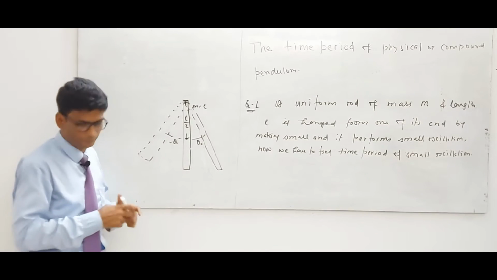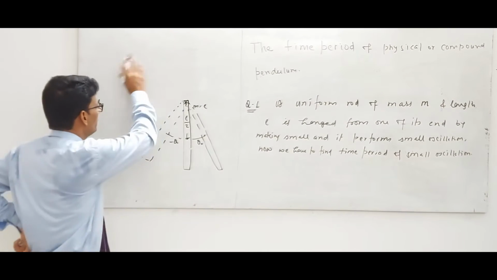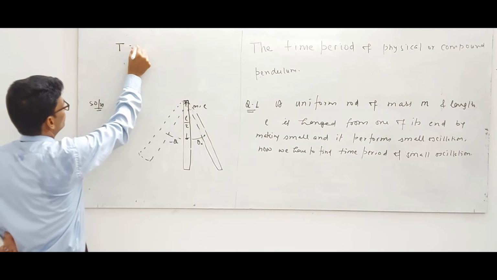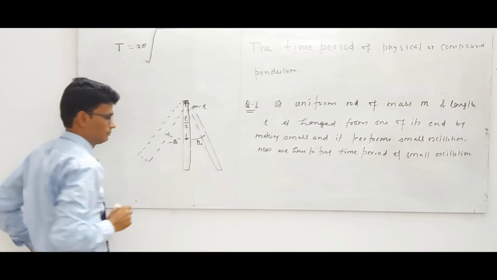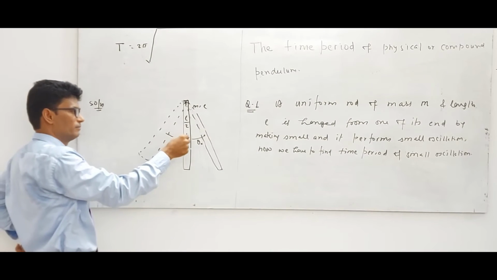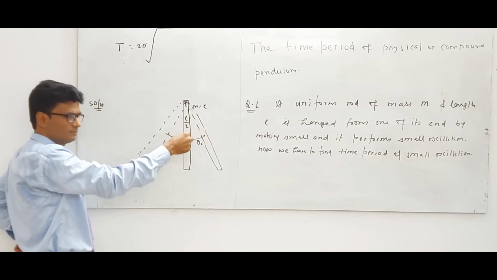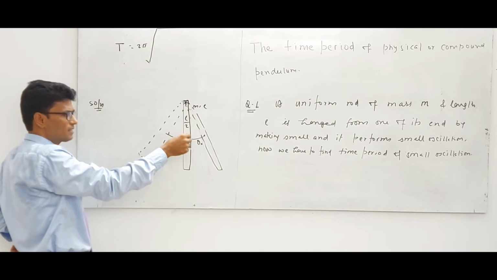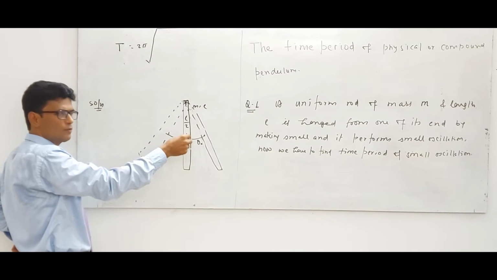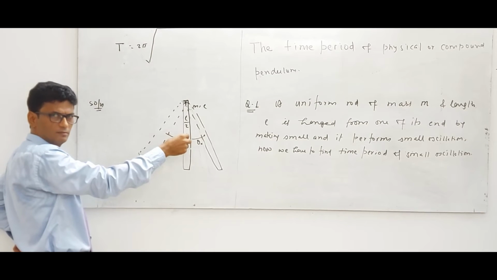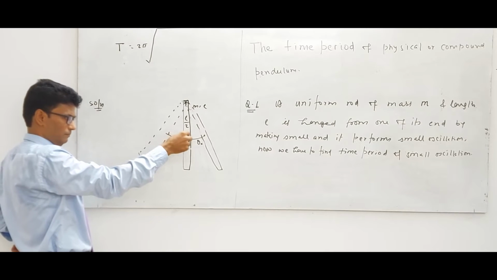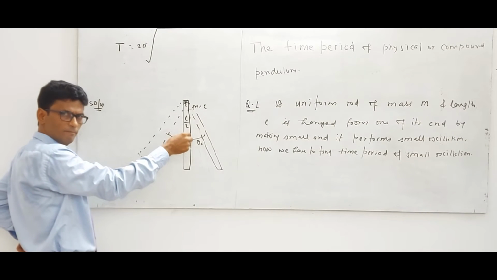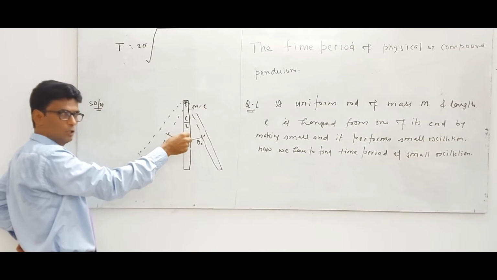So here the time period, we all know, is 2 pi square root of ICM. Here the ICM is about the center of mass of the rod, an axis passing through the center of mass of the rod, or the center of gravity of the rod, about an axis perpendicular to the rod.